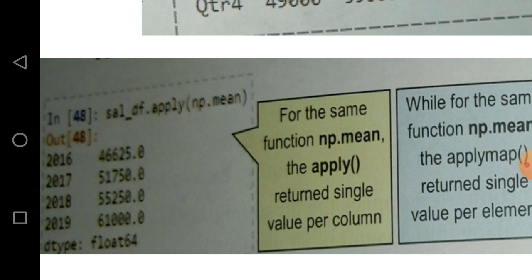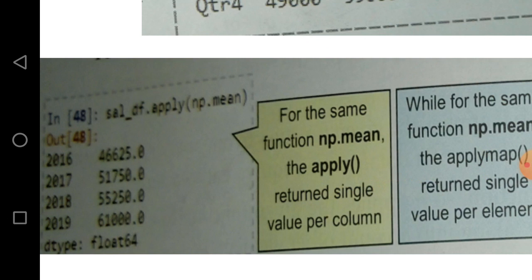This is the output after we apply the function np.mean, as we know that np refers to numpy, and mean is a function of the numpy library. The statement is sal_df.apply(np.mean).